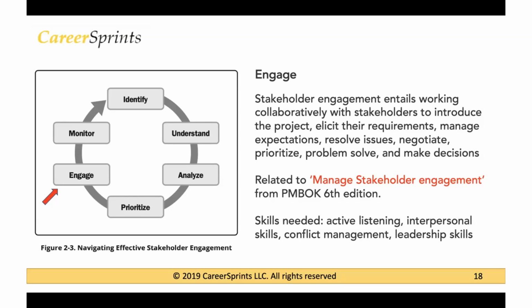So the project manager basically serves as a conduit for any features or any user stories that need to be built as part of the agile project. So the product owner is the main point of contact for all these stakeholders. So as a product owner, you need listening skills, interpersonal skills, ability to collaborate, build relationships, and so on and so forth.